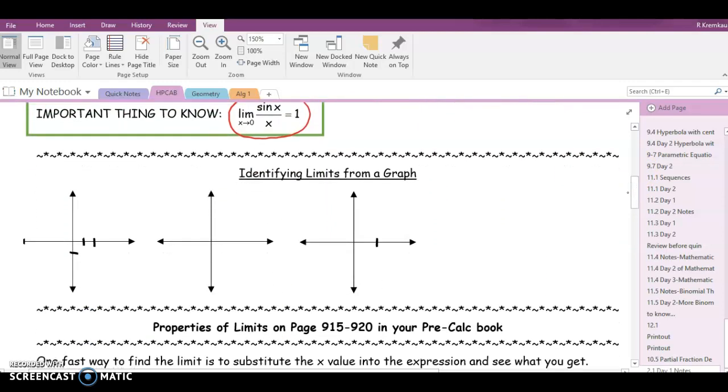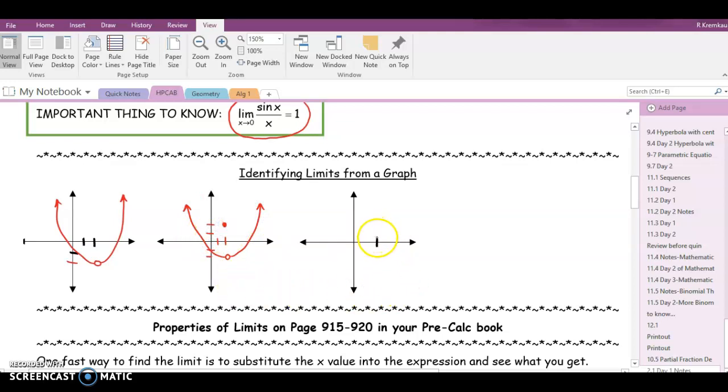Identifying limits from graphs. What we're going to do is draw some graphs. Let's say that at 2, -2 you have a hole, and then the rest of it looks kind of like a parabola. For the next graph we have a hole at 2, -2, once again a parabola, and then at 2, +2 we have a point.